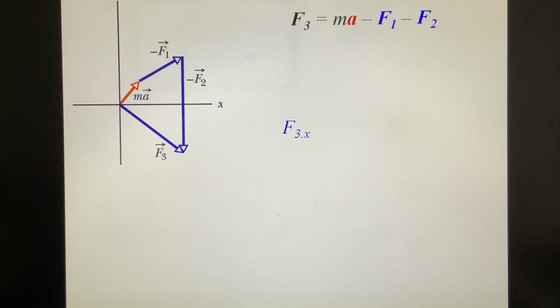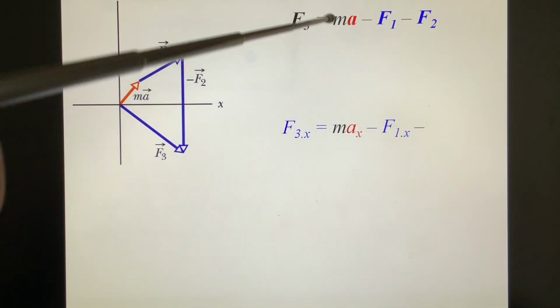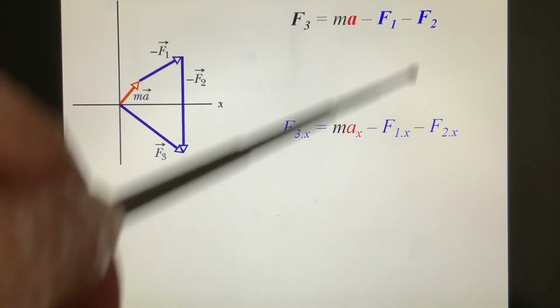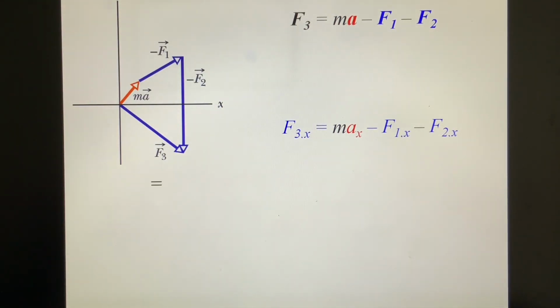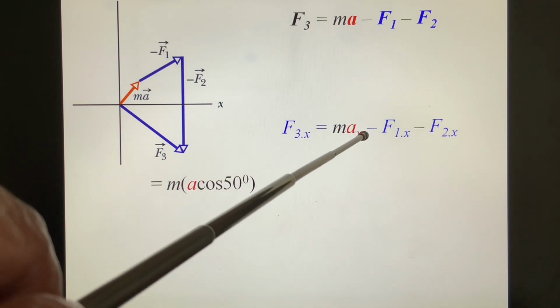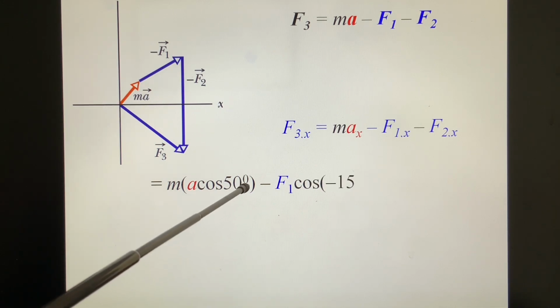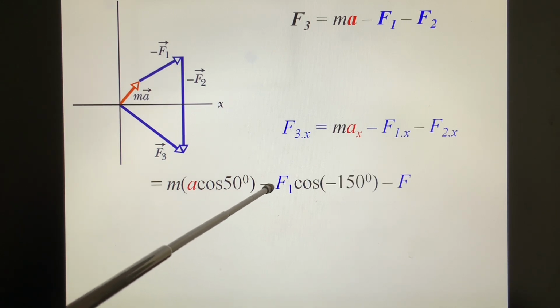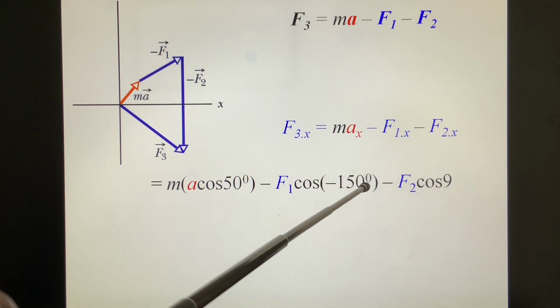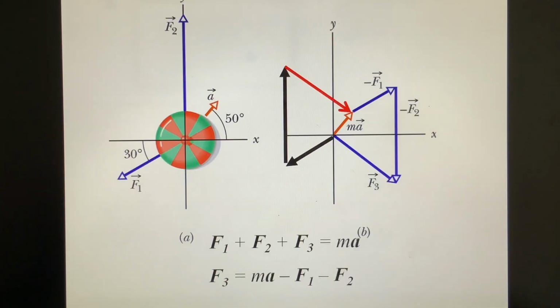We divide into the x component and y component. For this one, F3x equal to max minus F1x minus F2x. That's it. We put in the details. This is max equal to ma cosine 50 degrees minus F1x minus F2x. F1 is at minus 150 degrees, okay, the angle, and F2 is at 90 degrees. Let me look at this one. This one is 30 degrees, so this is minus 150 degrees.